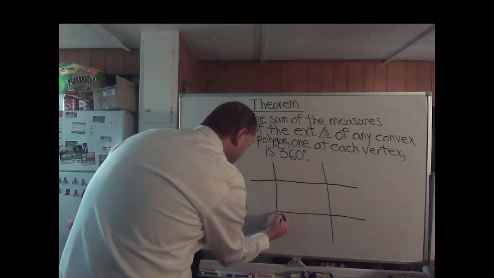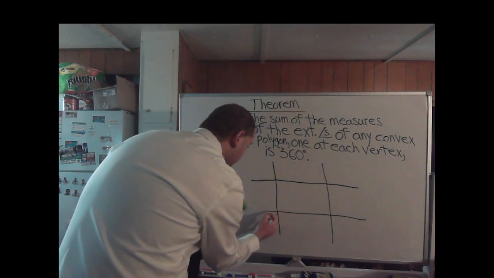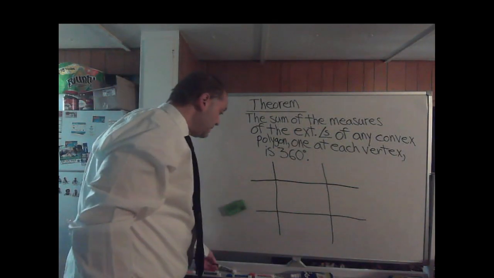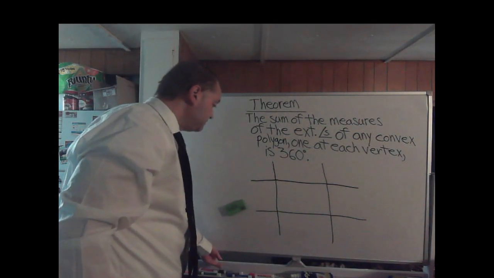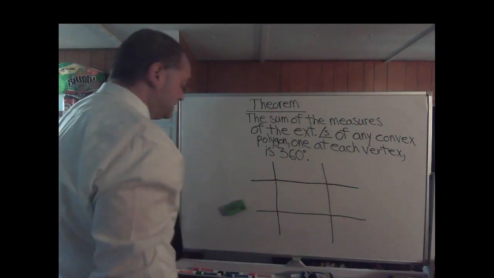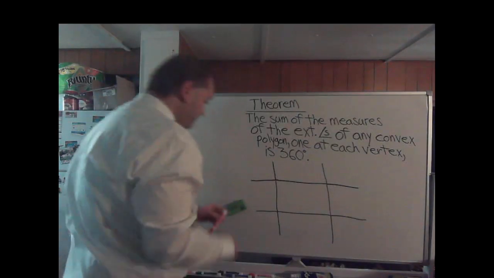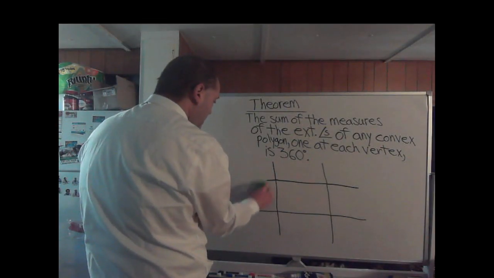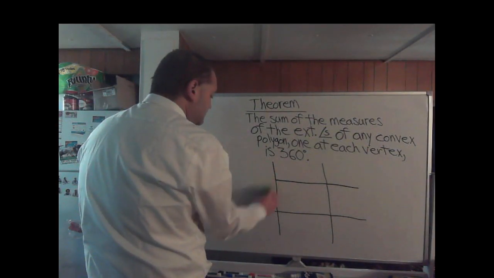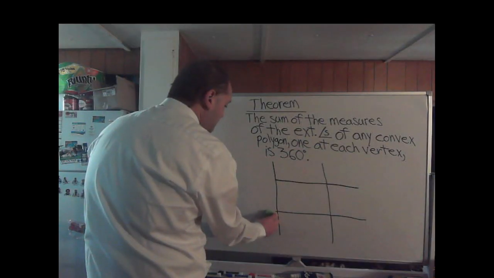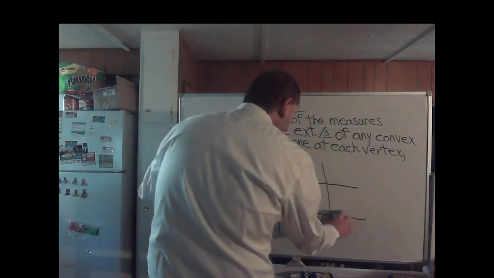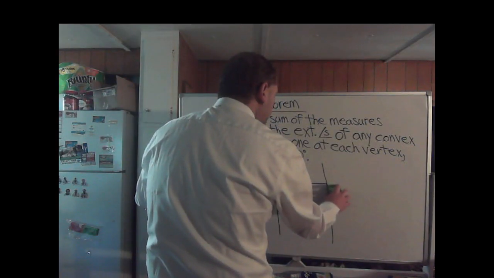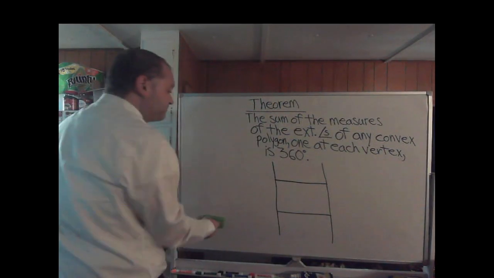Extend it here, extend it here, and extend it here. Well, yeah, that's probably not accurate. With exterior angles, you extend the line one way or another, you don't extend it in two directions.